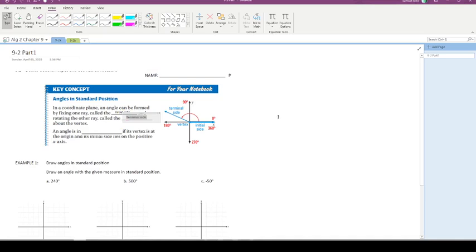So there's the initial side, there's the terminal side. And then let's talk about what the angle is.